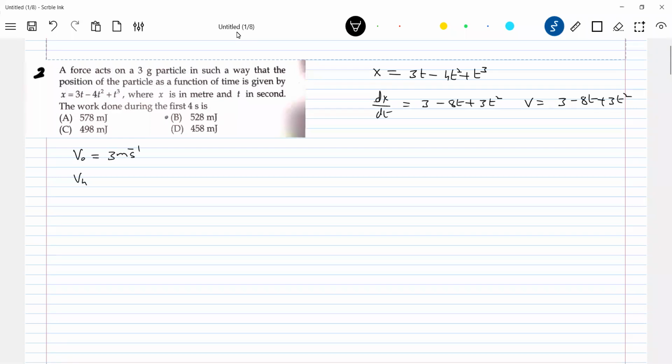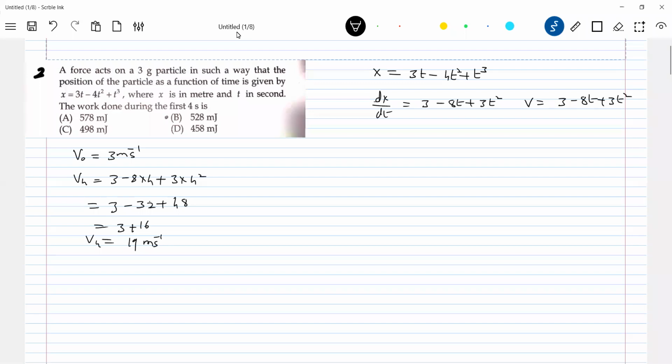At 4 seconds, what is the speed? 3 minus 8 into 4 plus 3 into 4 square: 3 minus 32, plus 48, so this will become 19 meter per second.